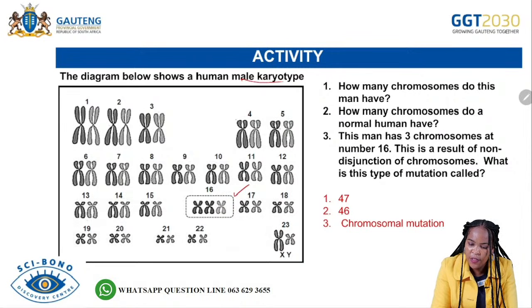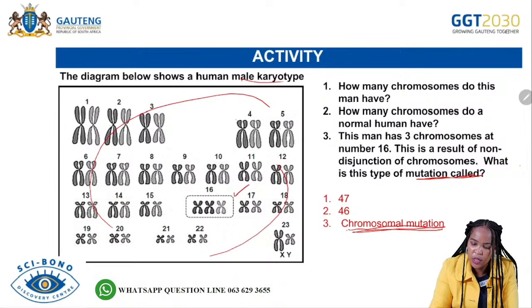Then this man has 3 chromosomes at number 16. This is a result of non-disjunction of chromosomes. What is this type of mutation called? Hence, you need to know the types of mutation. This will be your chromosomal mutation because it happens with the chromosomes, with your karyotype.